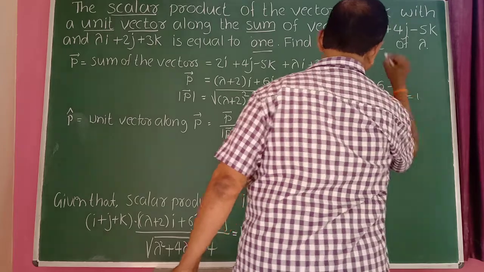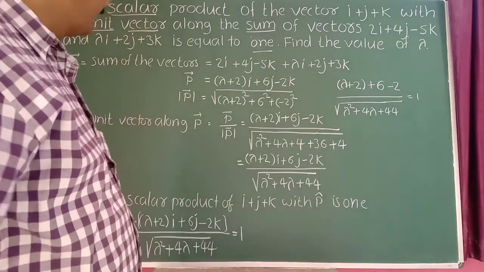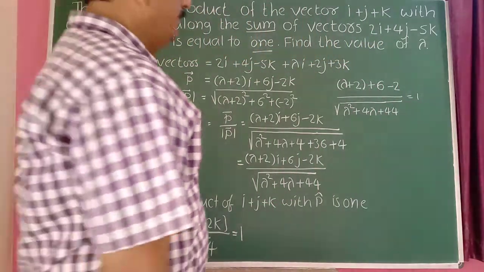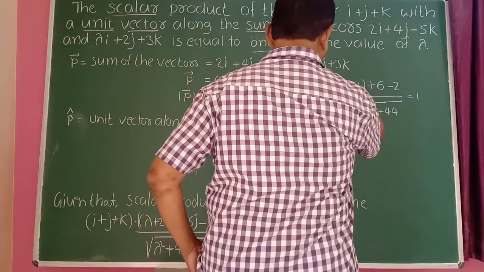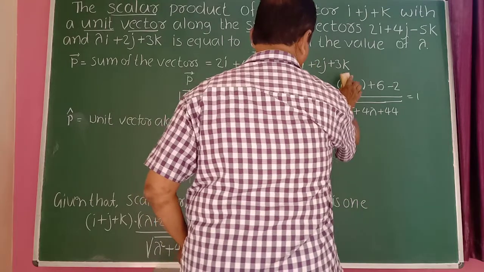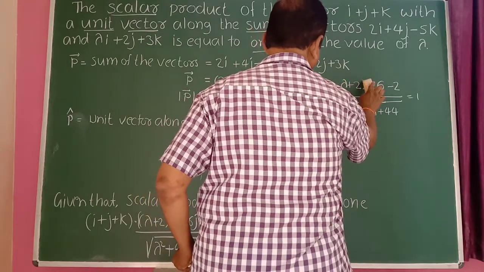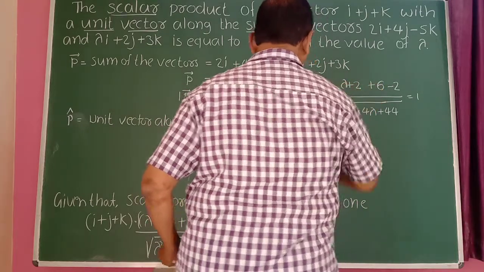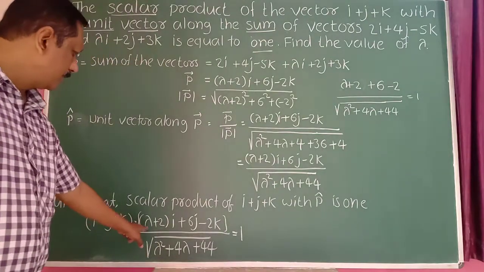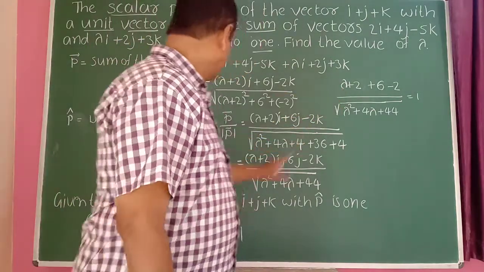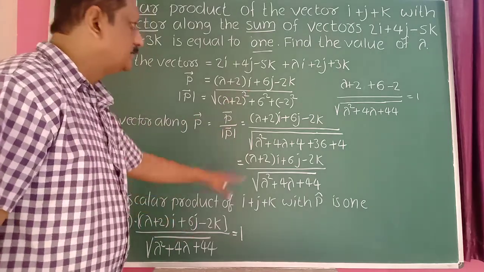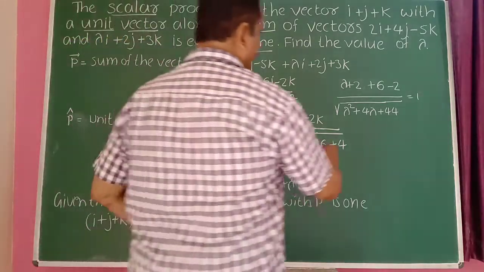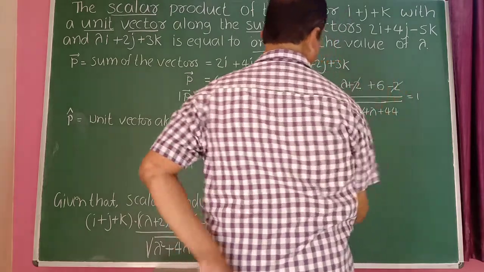To simplify the numerator, you can remove the brackets. Here plus 2 and minus 2 cancel.